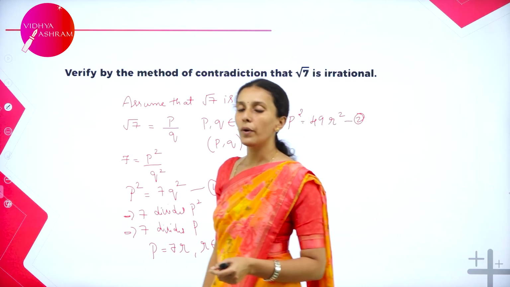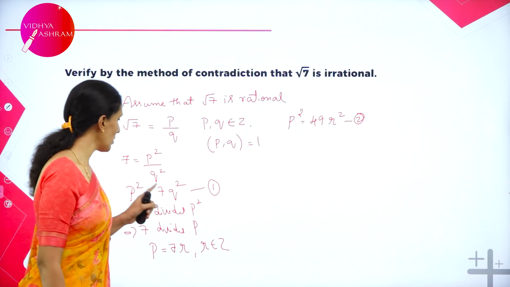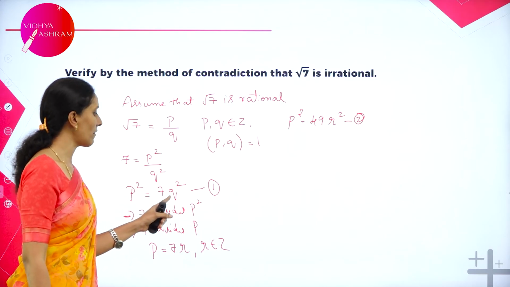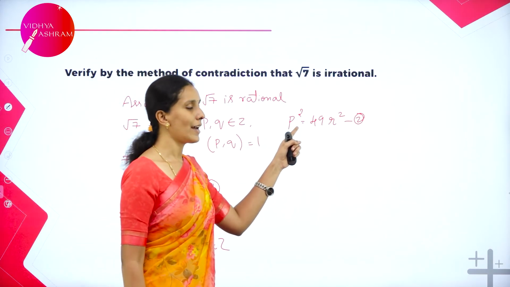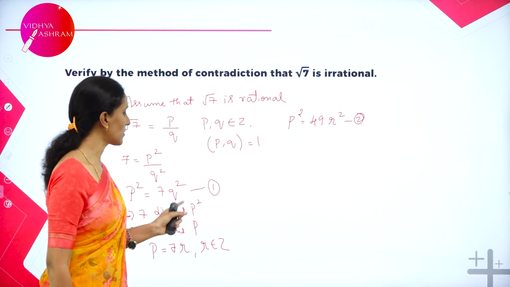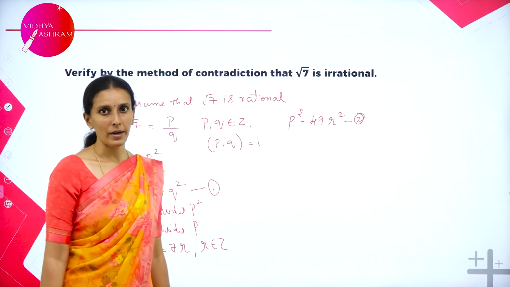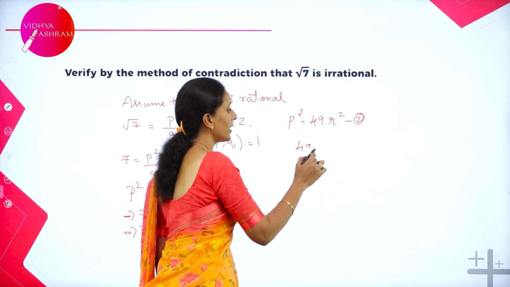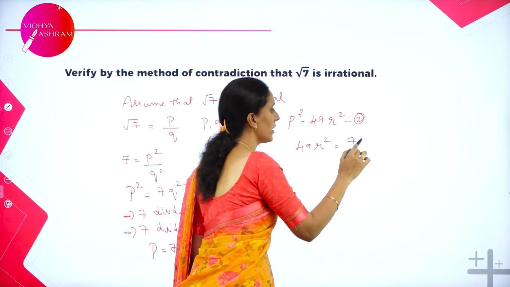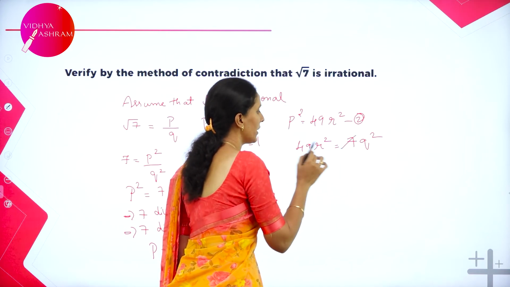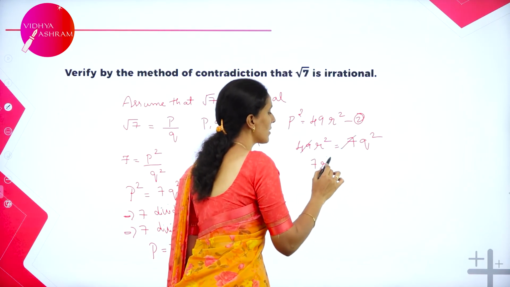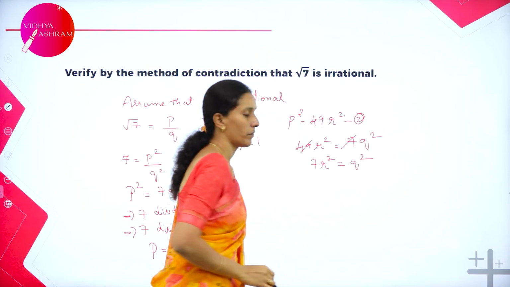Observe equation 1 and equation 2. Equation 1 has P square is equal to 7Q square. Equation 2 has P square is equal to 49 R square. If you substitute in the place of P square, we get 49 R square is equal to 7 into Q square. Here we can divide, so 7 R square is equal to Q square.